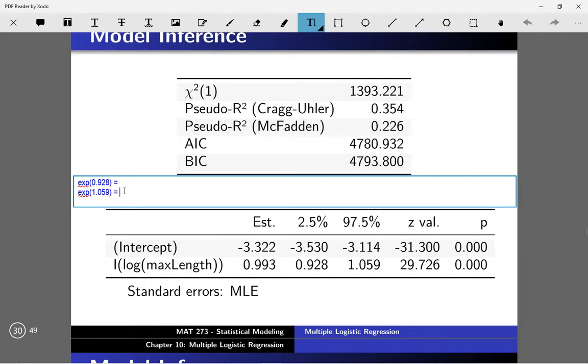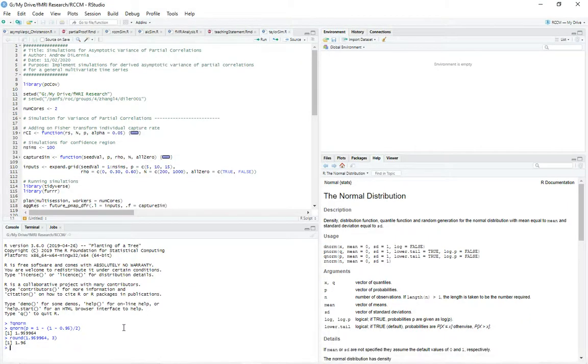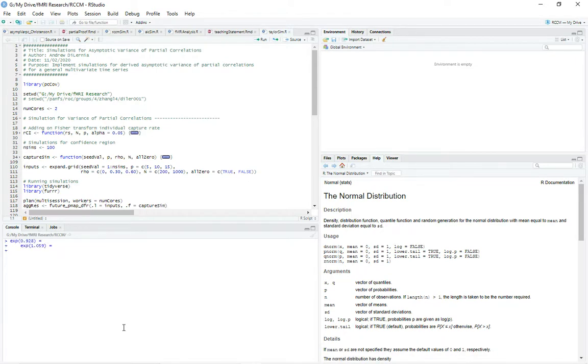So using R, we can, only wants me to do one at a time. Now I see what I did wrong.